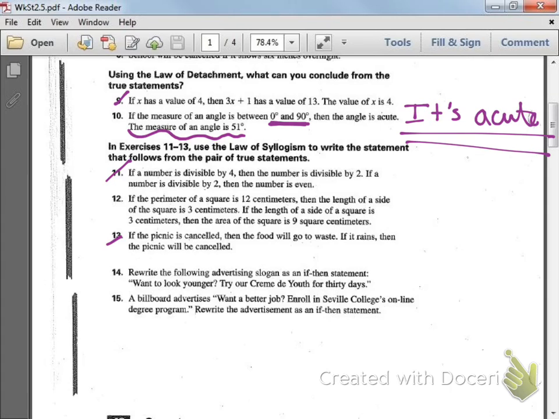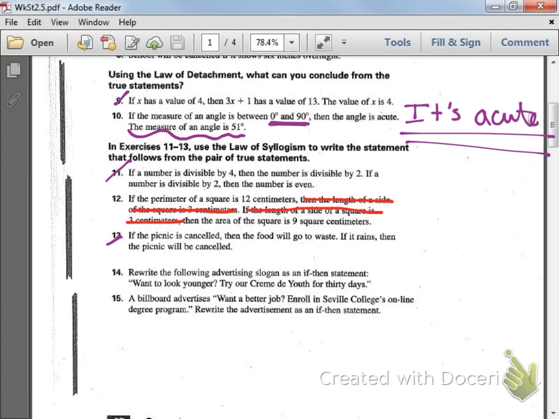What's the middleman? The length of the side of the square is 3 centimeters. Very good. We can cut out the length of the side of the square is 3 centimeters both times. We can just go from beginning to end without the middle.